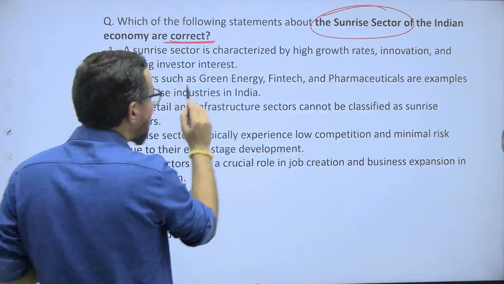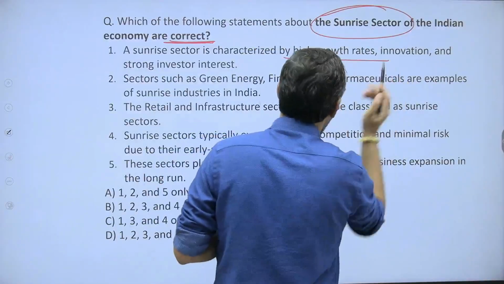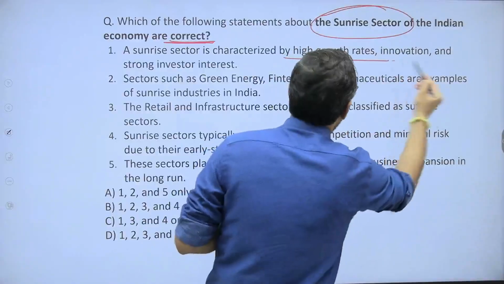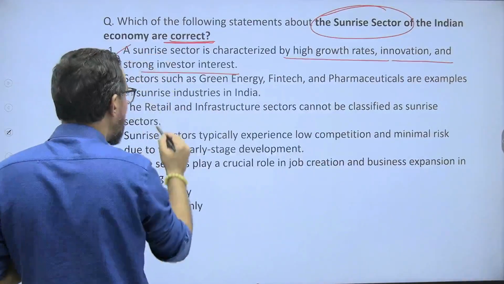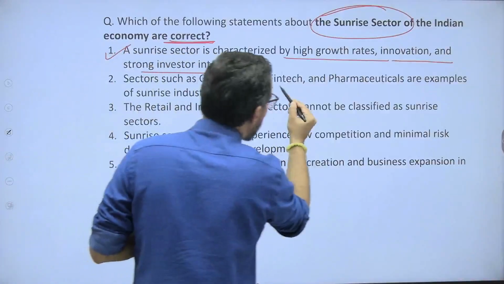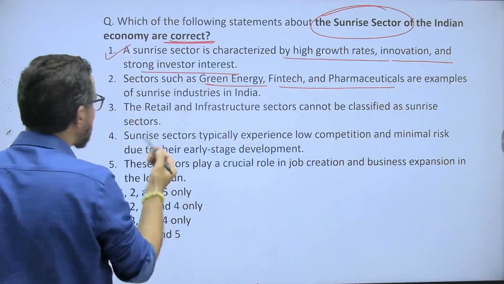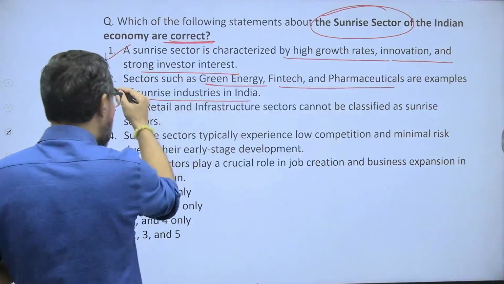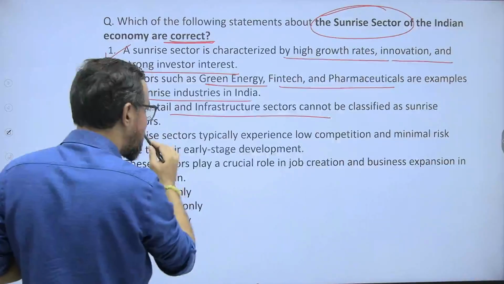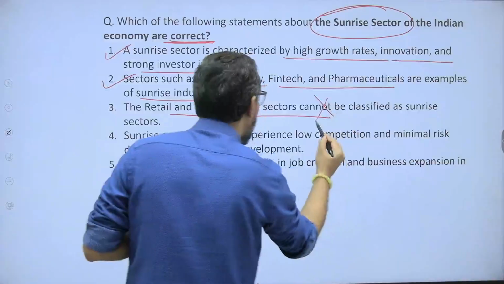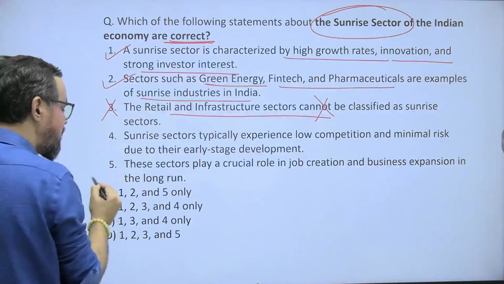A sunrise sector is characterized by high growth rate, innovation, and strong investor interest. 100% true. Sectors such as green energy, fintech, pharmaceuticals are examples of sunrise sectors in India. True. Retail and infrastructure cannot be classified as sunrise. They can be classified as sunrise sectors. Wrong.